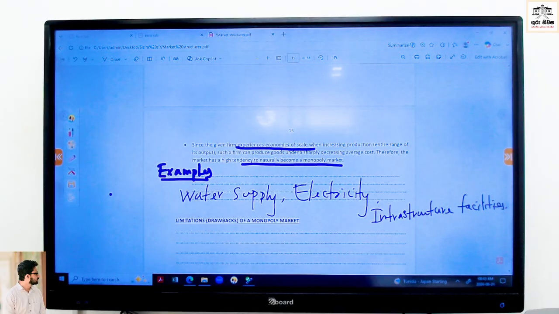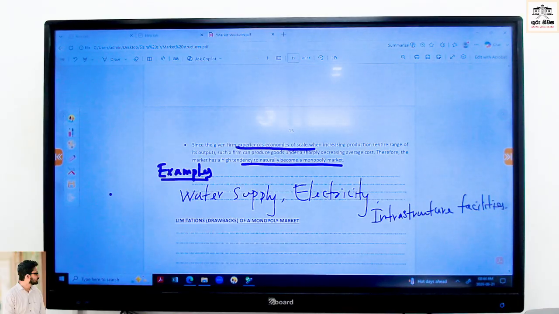Right. Then the last point of the monopoly market, limitations or drawbacks of a monopoly market. Tell me, can we accept this market structure in economics? Monopoly market, now you have learned all the characteristics. Is it fair to have a monopoly market in economics?